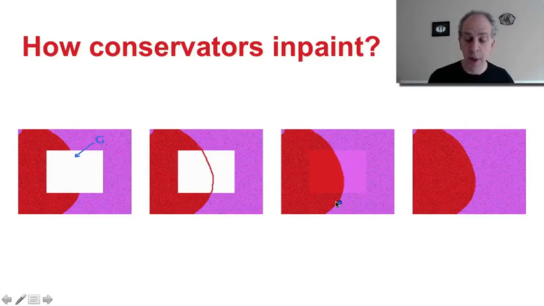Then they complete the color. So first they continue the boundaries, then they propagate the colors inside the region. And then lastly, they normally add some noise, because paintings, and in this case it was a professional restorator of paintings, don't look flat. So you have to add this granularity to make it look more natural.